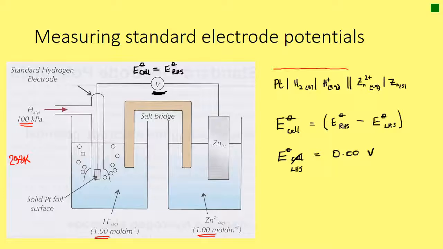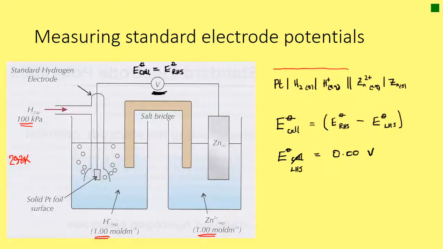Then of course we've got the salt bridge, 2 vertical lines, and then we write down the reduction reaction from the right hand side half cell. The reactant would be zinc 2+ ions, and they're in solution. And we need a solid line because the product of the reduction reaction is zinc solid, in a different phase.